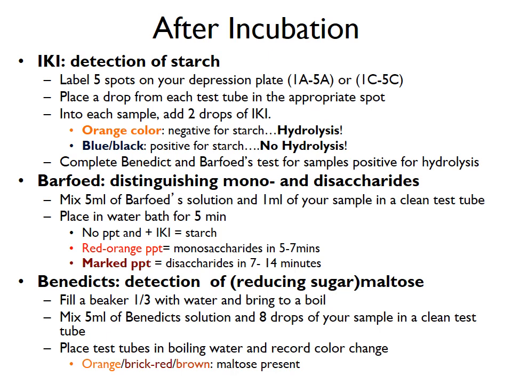If it's orange, it means that your sample is negative for starch, and hydrolysis must have taken place. But if it turns blue-black in color, then it means that there's still starch there. That means it's positive for starch, and there's no hydrolysis taking place in your sample, even though you've incubated them at the optimum temperature.